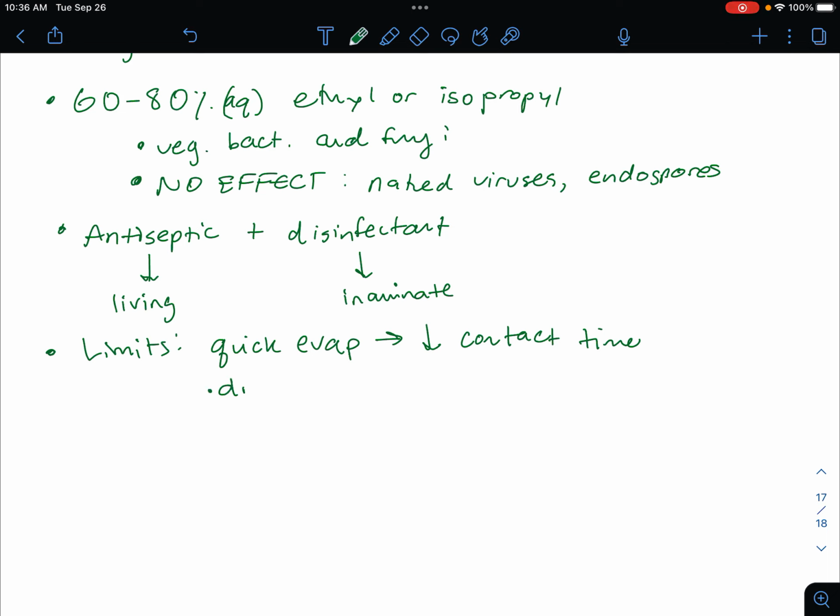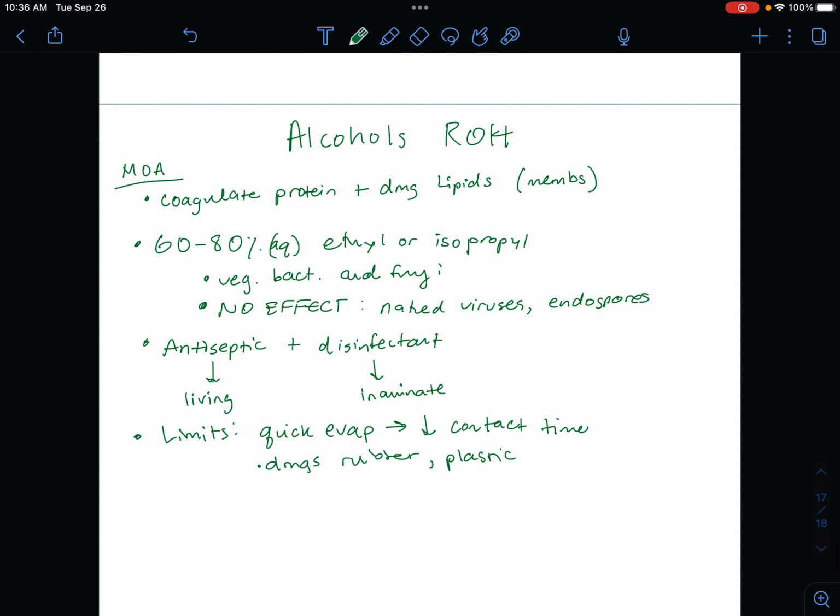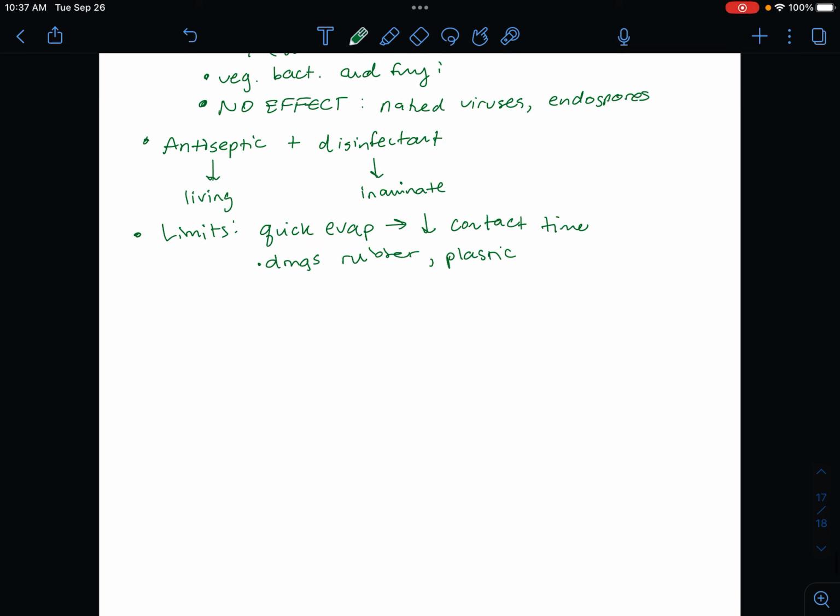And it damages rubber and plastic. So the pros are all of these, where it gets rid of the vegetative bacteria, fungi. It's able to be used on living and non-living, but here are cons in the quick evaporation time as well as the damage to certain material.